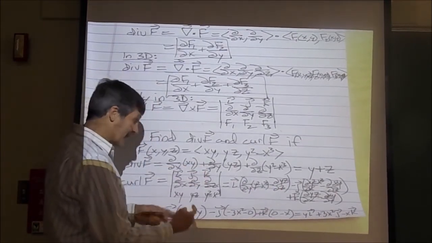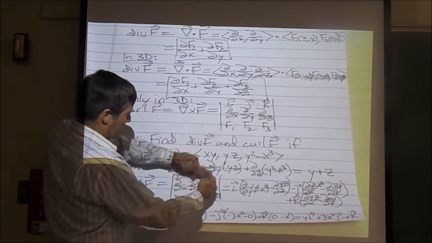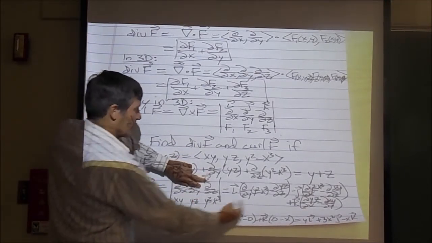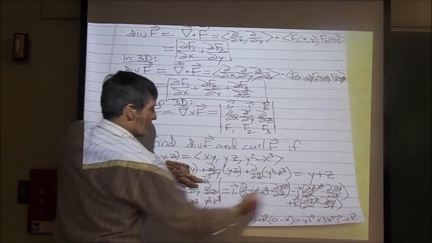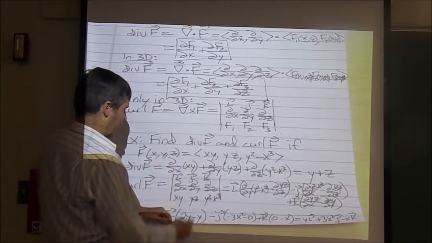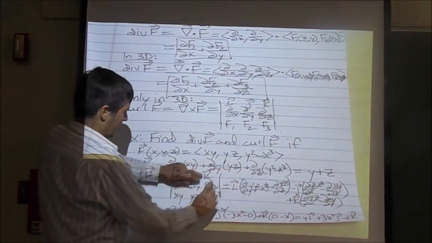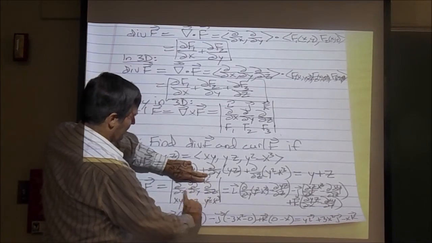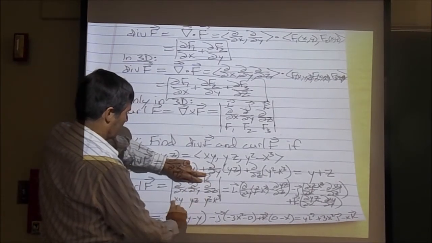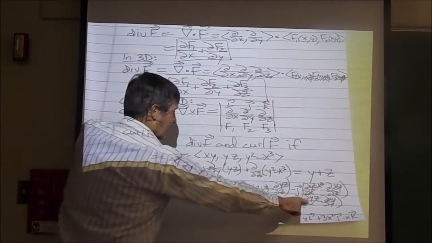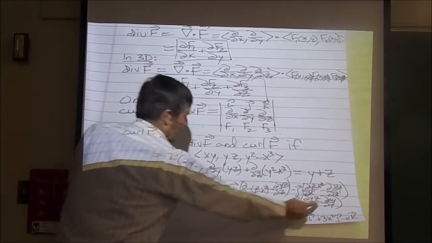And then minus, remember, this one, wipe out its row and column. And it's d dx of this one minus d dz of this one, and then finally plus k, wipe out its row and column times this determinant. So d dx of yz minus d dy of xy.